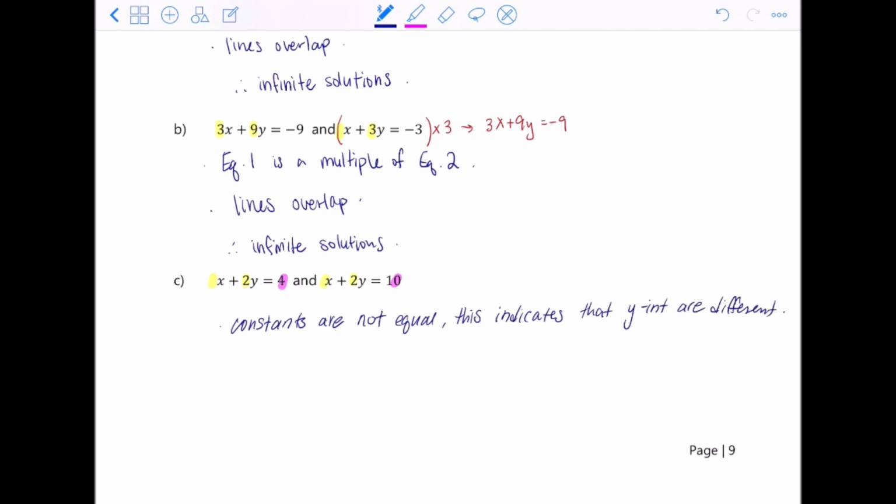So the two lines are parallel to each other. So there's no solution.